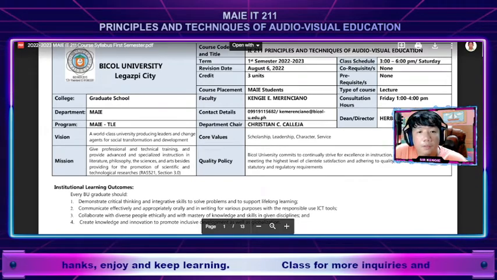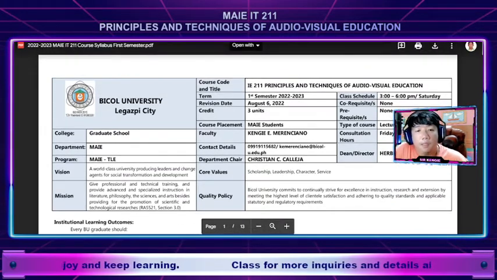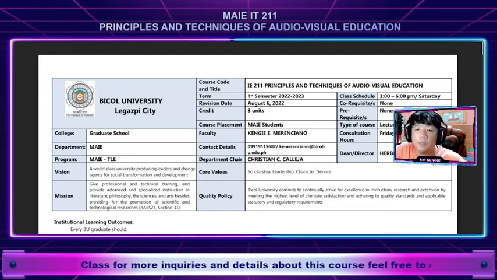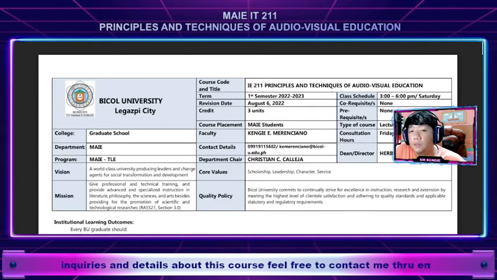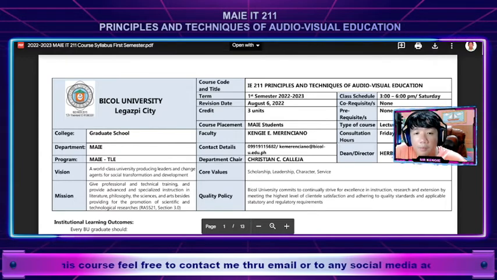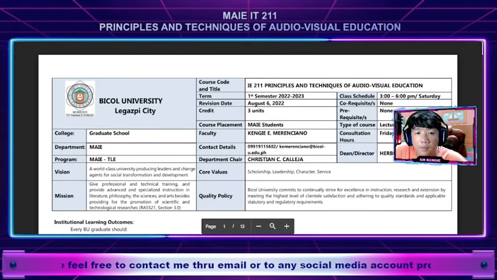Okay. So this is the course syllabus for IE or IT 211, which is the Principles and Techniques of Audio Visual Education. So this is offered during first sem. By the way, is it visible to everyone, or can you read the contents of this material, class?